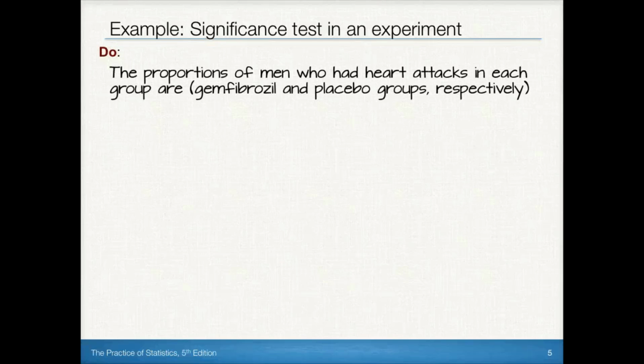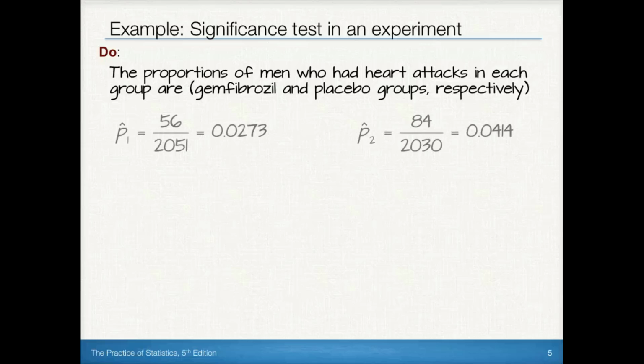The proportions of men who had heart attacks in each group can be calculated. For the gemfibrozil group, p hat 1 is 56 individuals who had heart attacks out of 2,051 for a sample proportion of 0.0273. And in the placebo group, 84 individuals out of 2,030 had heart attacks for a sample proportion of 0.0414.